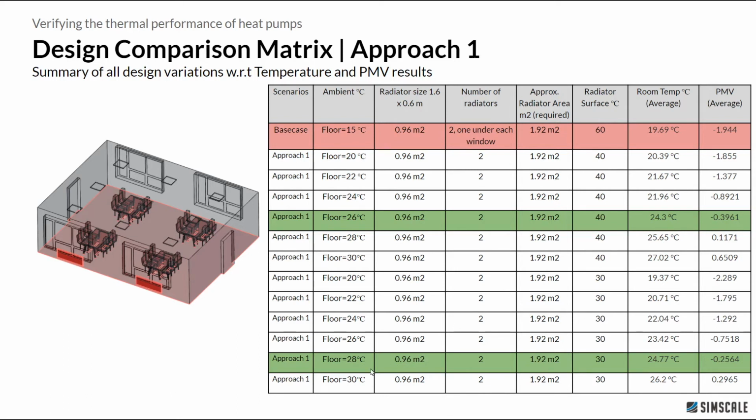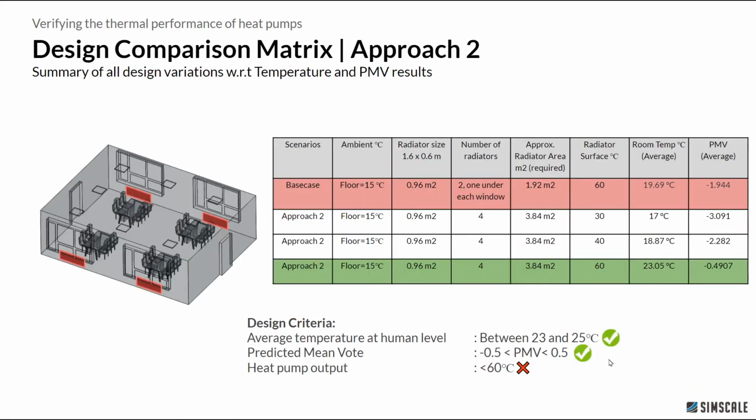We also find that another configuration is matching the design criteria, where the floor is kept at 28 degrees Celsius and the radiator temperature is at 30 degrees Celsius. So we have already found a different solution for this indoor space that can be used to manage the thermal comfort.